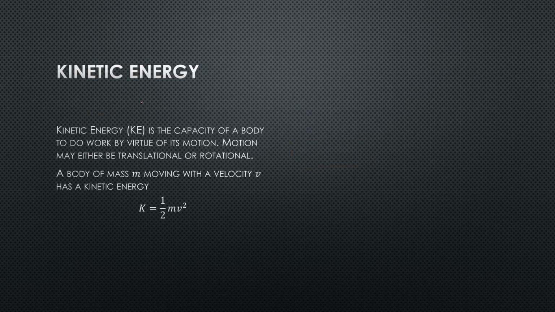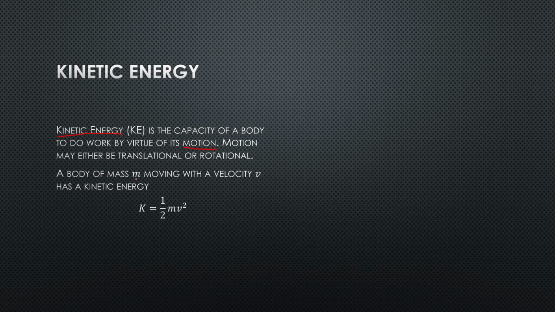So kinetic energy. This is one of the commonly used energies in physics, and the other one is potential energy. Kinetic energy is the capacity of a body to do work by virtue of its motion. The body is moving, so motion may either be translation or rotational.